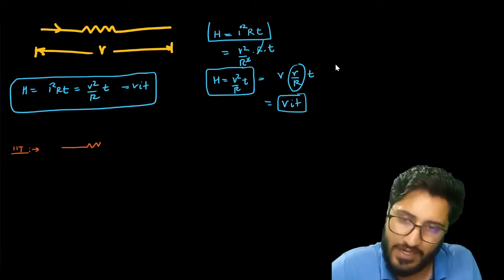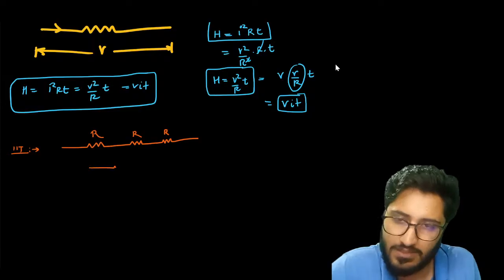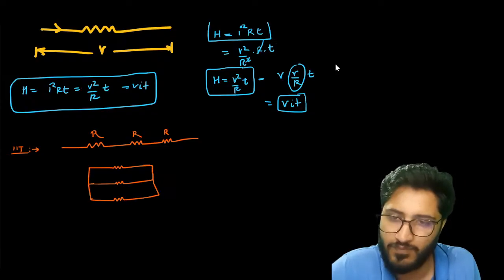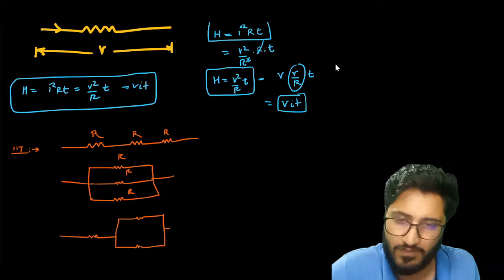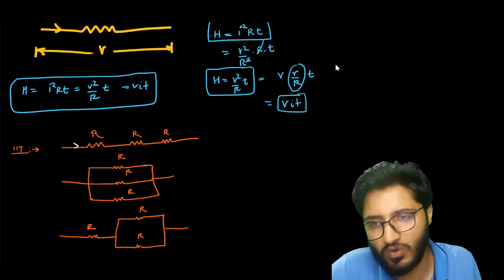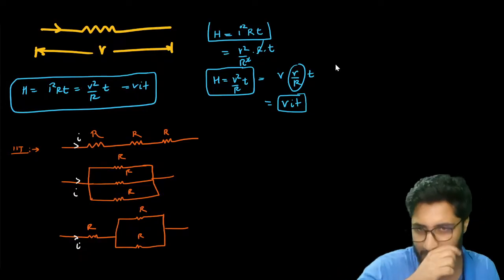We have three resistors with resistance R, R, and R. Let us connect these resistors in parallel: R, R, R. Then a third case: R, R, R, with current I going through all of them. So tell me.